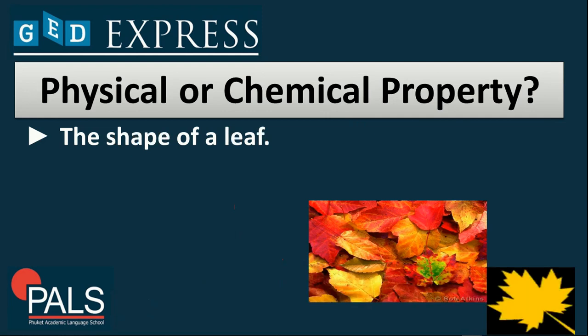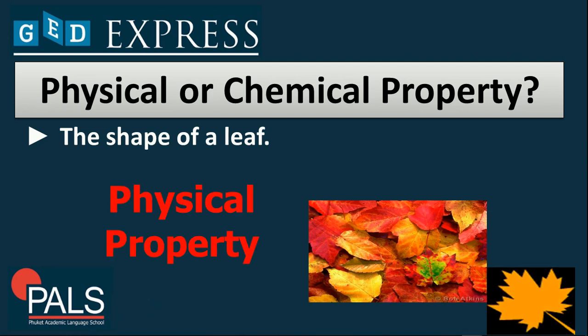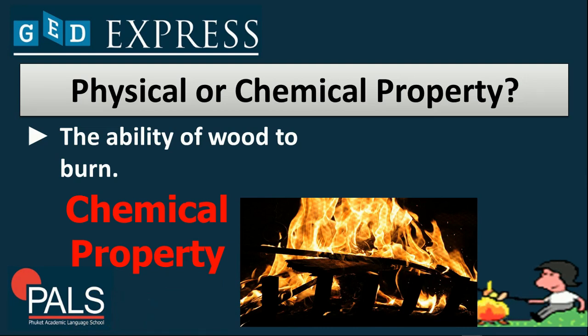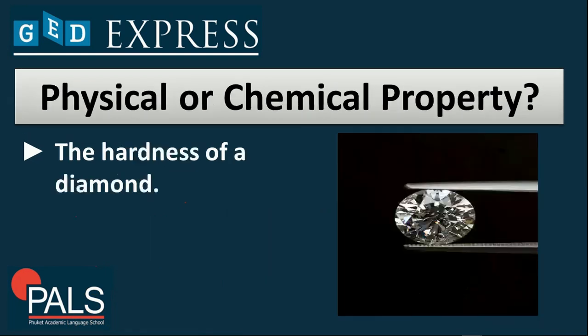Now, how about the shape of a leaf? Since this is all about shape, this is a physical change. How about this one? The ability of wood to burn. This is so easy. You're right, that is a chemical property since it's a combustion reaction or flammability. How about the hardness of a diamond?